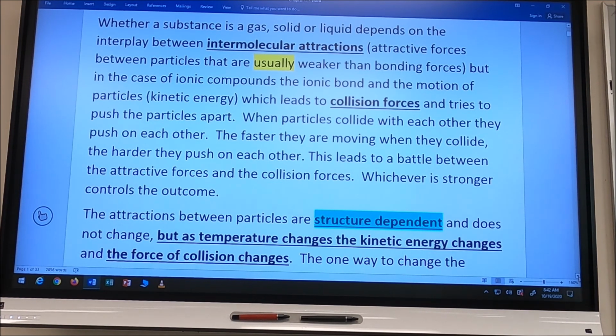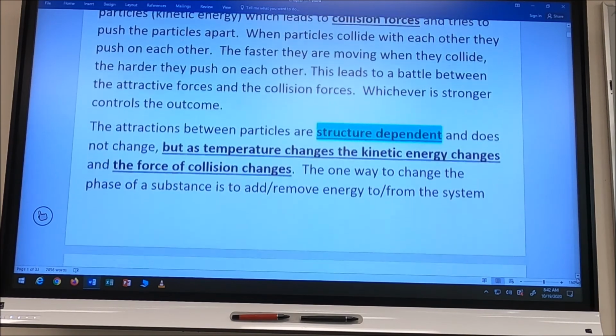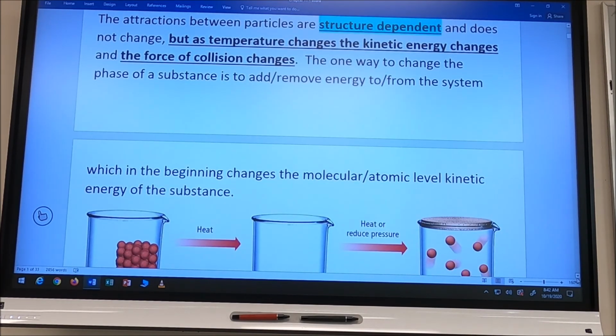The attractions between particles, okay, is going to be structure dependent, and it doesn't change. The attractive force between two particles is a constant. But as temperature changes, the kinetic energy of the particles change, which means that they're going to be moving at faster speeds, which means that their force of collision changes.